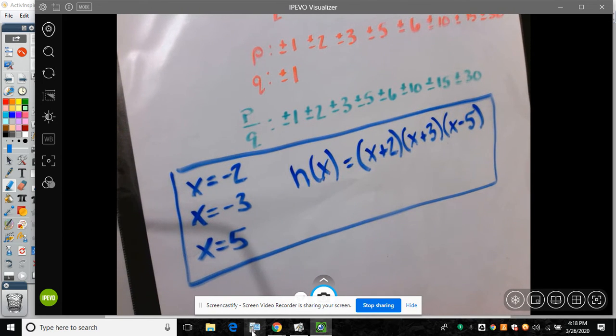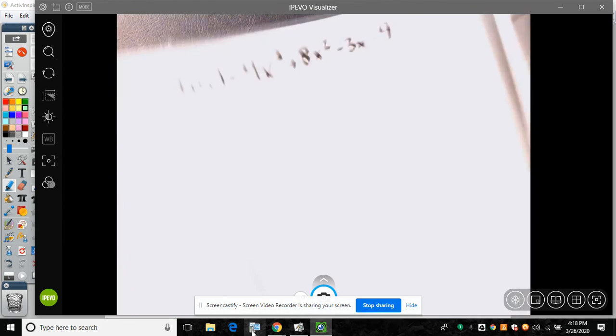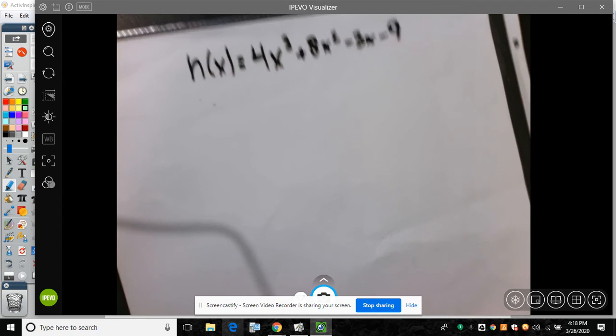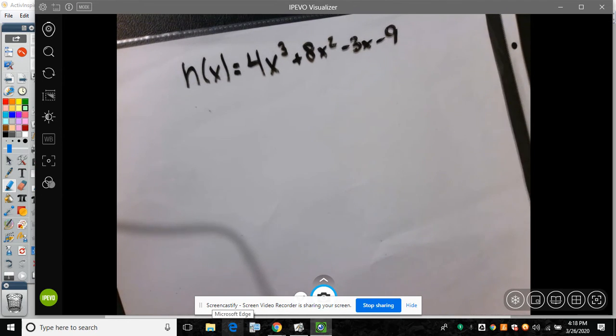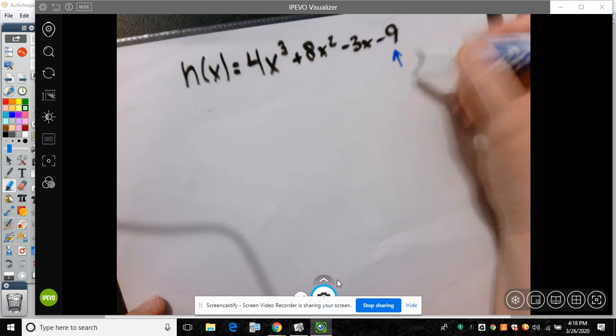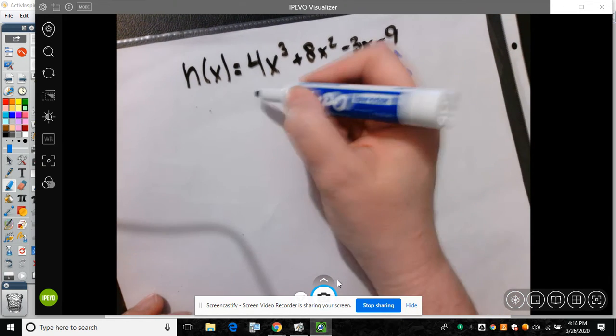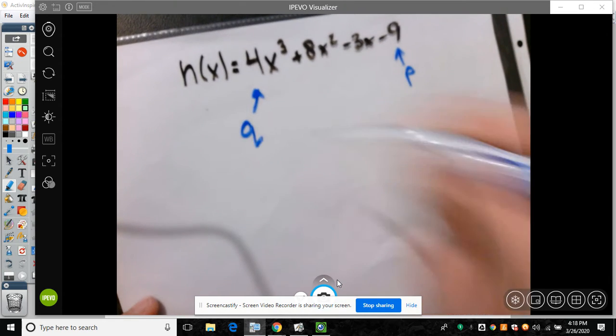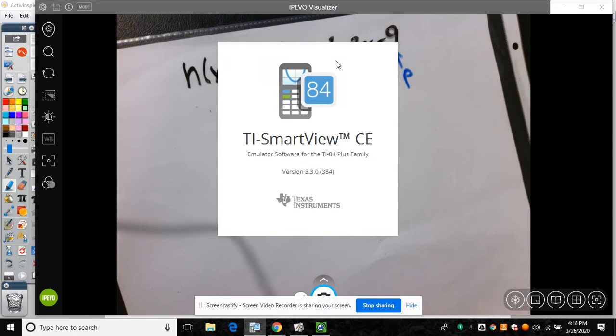So let's do another example. I'm going to flip this page over. Now we're going to do 4x cubed plus 8x squared minus 3x plus 9. Once again, p is going to come from here, q is going to come from here. And bear with me, I just started up a calculator.